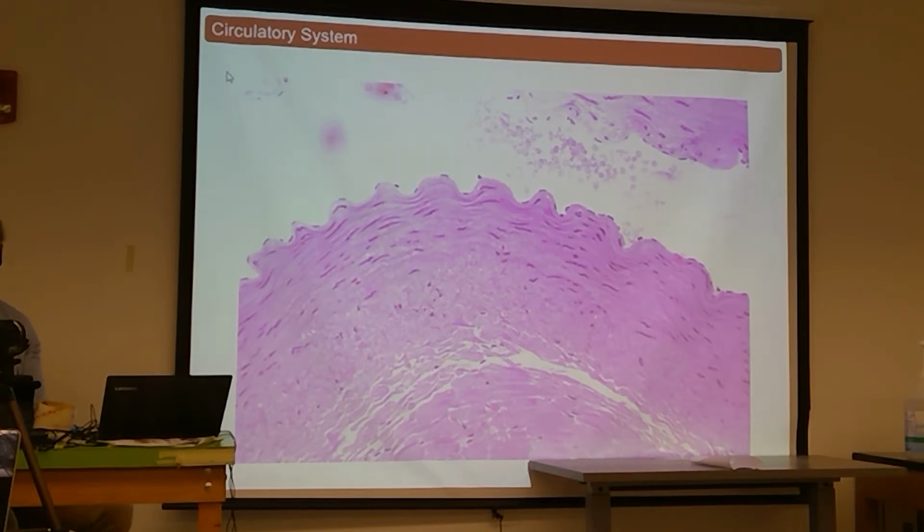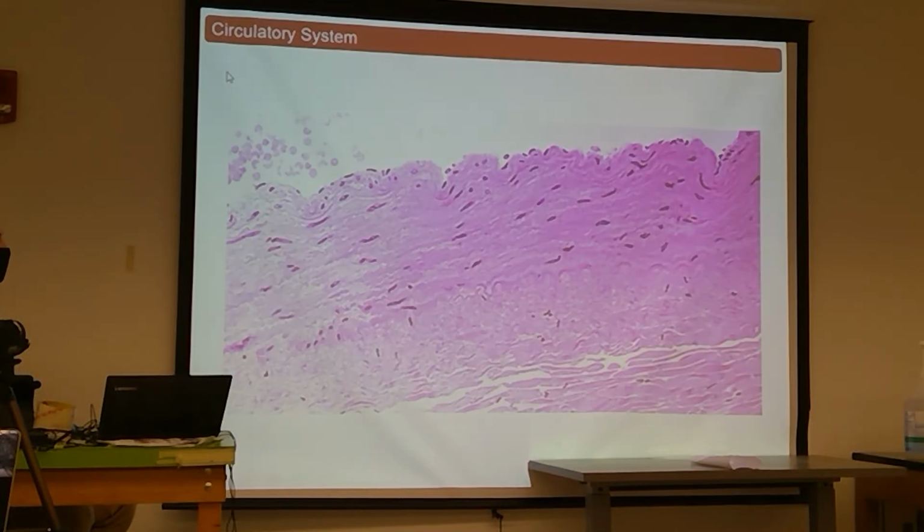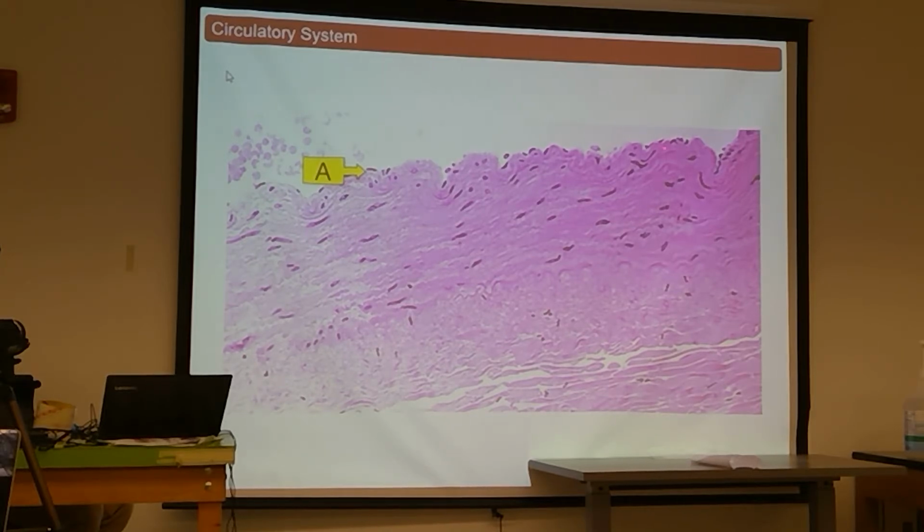Sorry, can you go back to that last slide? So A was tunica externa? Tunica intima. If you see these red blood cells up the top corner, that's your giveaway. This will be the simple squamous endothelium, but this whole structure, this line, is going to be your tunica intima or interna.